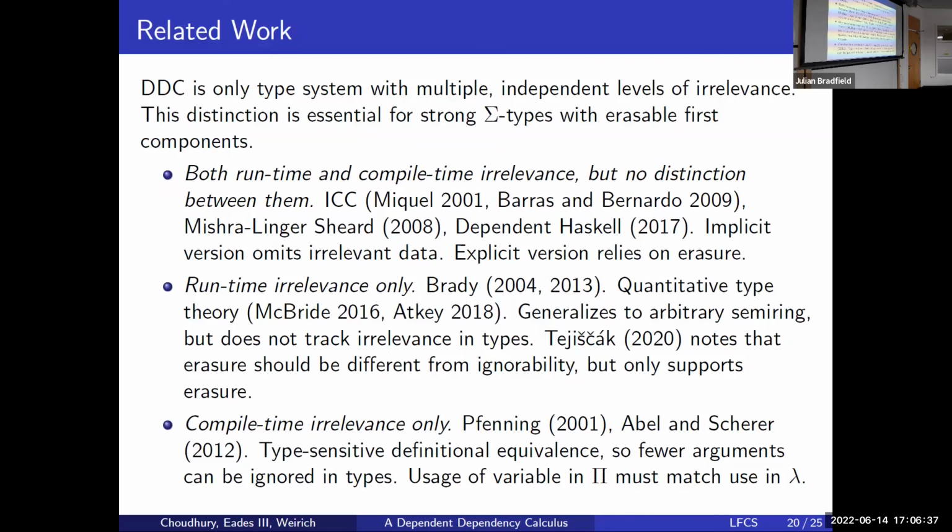I see type systems that are really good at runtime irrelevance, and type systems that are really good at compile time irrelevance, but not many type systems that do both at the same time and do them differently, right? So we have some that do runtime and compile time irrelevance, but they don't really separate the two, right? Literature is full of profound ignorance in this matter. Not being this ignorant. If I'm wrong, if there's something I missed, definitely let me know about it.